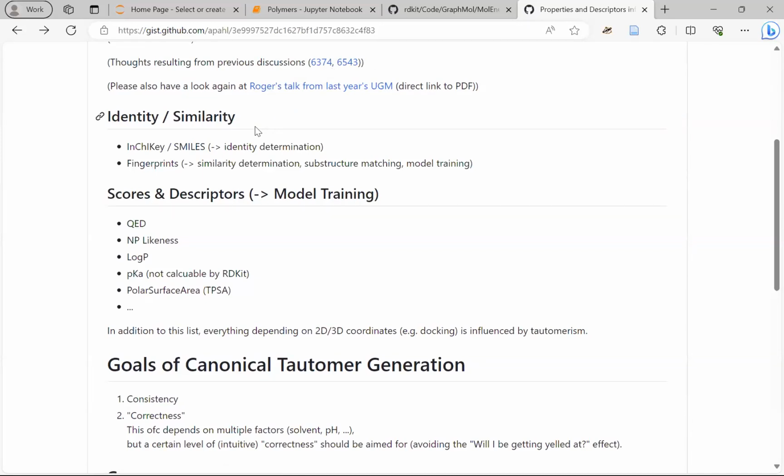which, as we've seen today, are used for similarity determination, substructure matching, and also model training. And a number of scores and descriptors, which also are used in model training a lot, depend on the tautomeric form. The QED, so the quantitative estimation of drug-likeness, for example, the natural product likeness score, which is also implemented in the RDKit, is influenced by it.